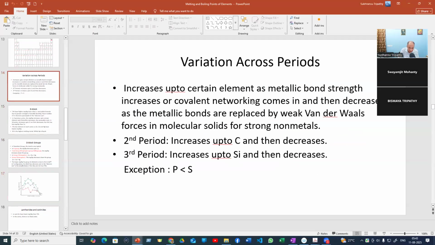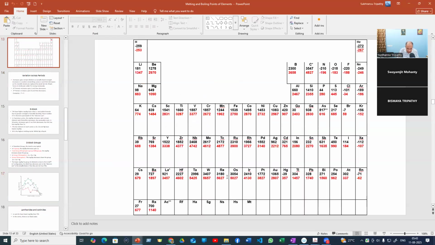You can have a look here in that series. The highest melting transition metal is tungsten, 3407. And then it goes on decreasing, and mercury is suddenly minus 39. You find there is always a decrease.